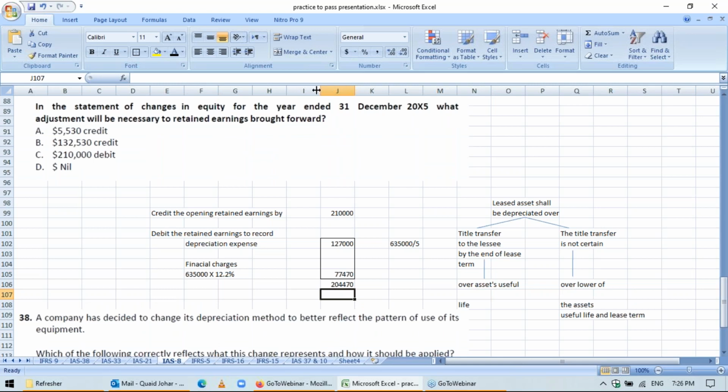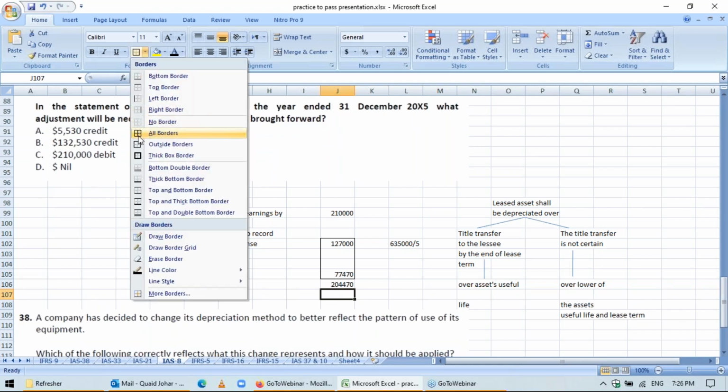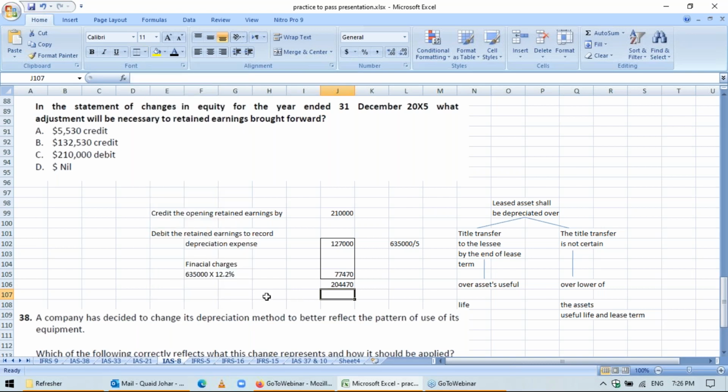Therefore, the credit exceeds the debit. By how much? Deduct 204,470 from 210,000. So 5,530. So this is the correct answer.